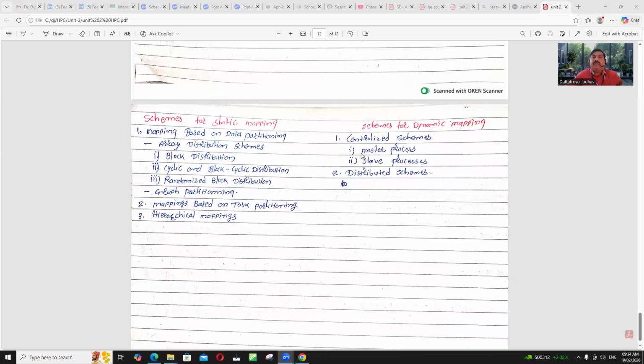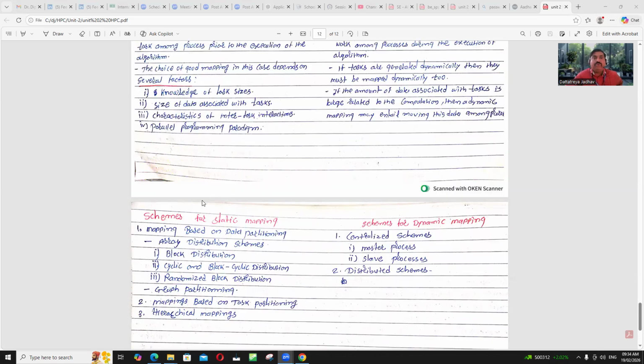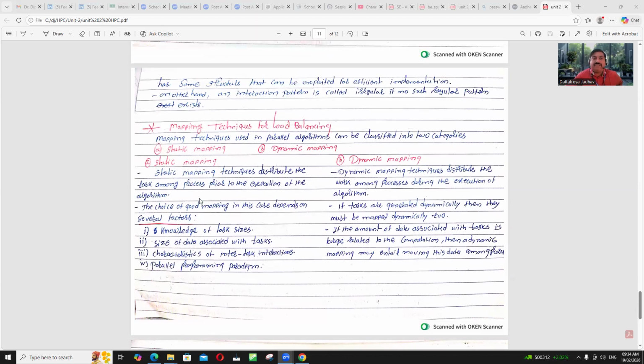Then the schemes for dynamic mapping are the centralized scheme, master process and slave process, or a distributed scheme. These are the schemes associated with mapping, and mapping based on task partitioning relates to a number of parameters. So these are the actual differences between the mapping techniques: one is static and the second is dynamic mapping.